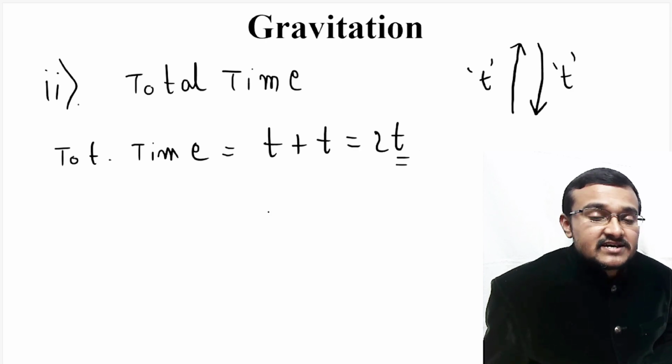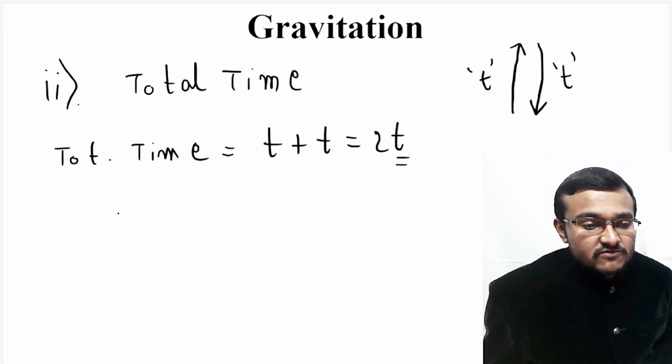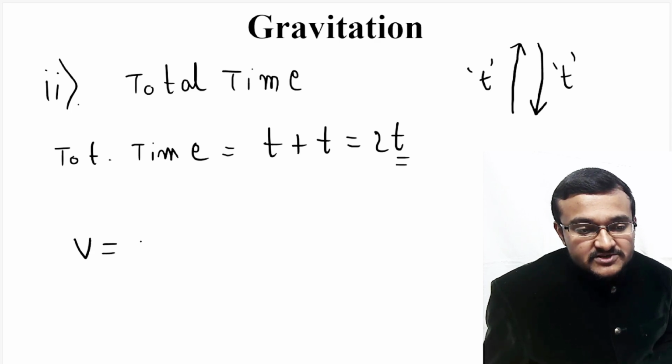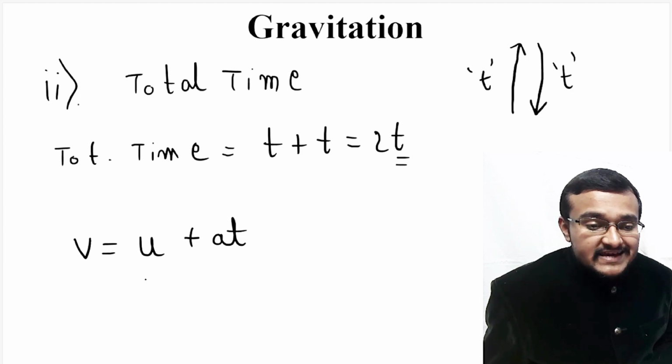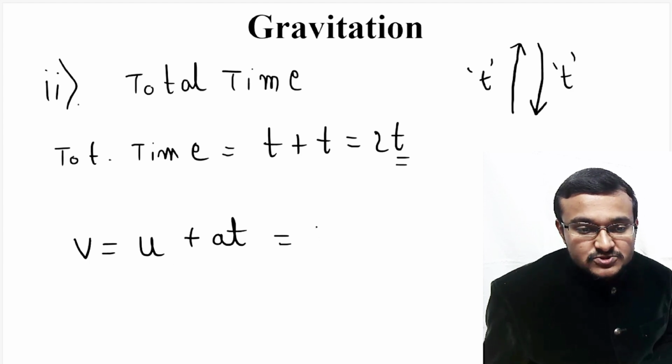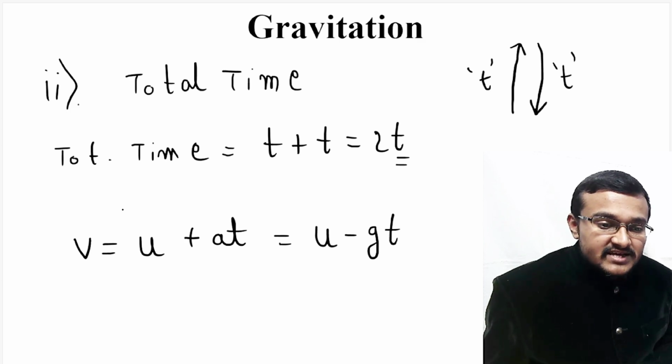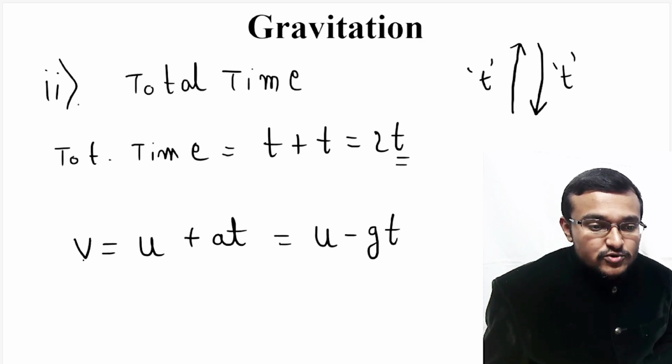So what is this t? This t you can calculate from the equation of motion itself. The first equation of motion tells us v is equal to u plus at. Here in the place of a I can substitute minus g, so u minus gt. Before doing that, we all know v is 0.